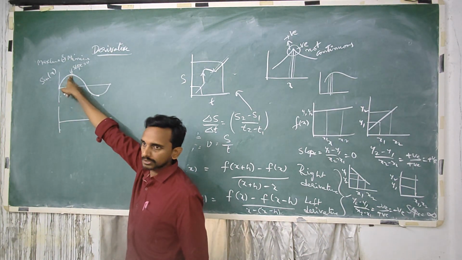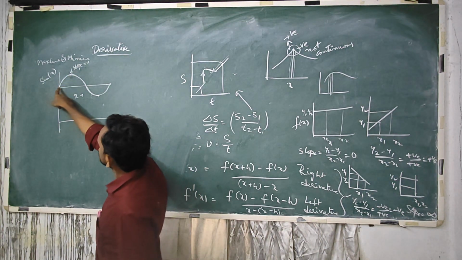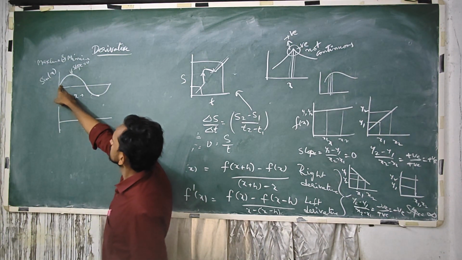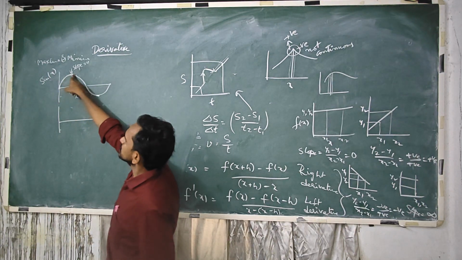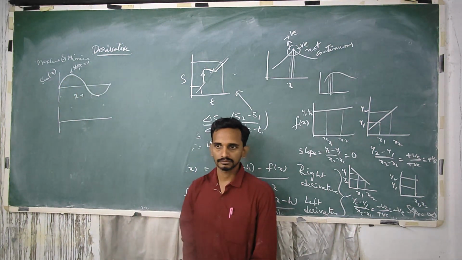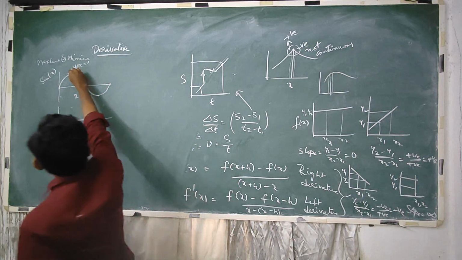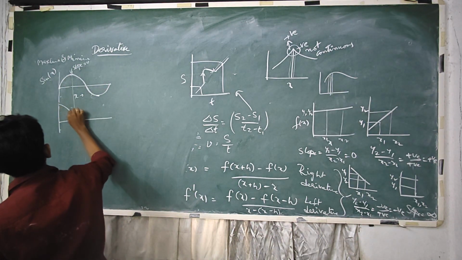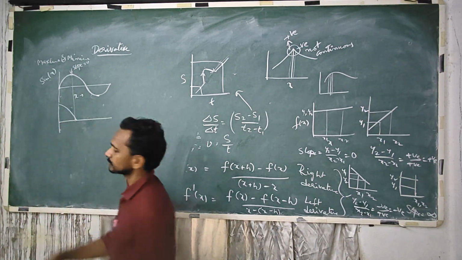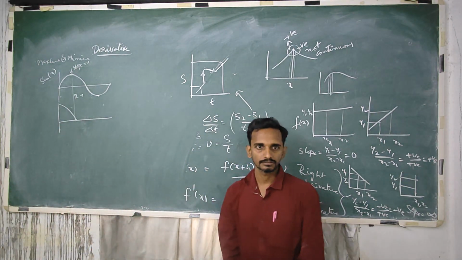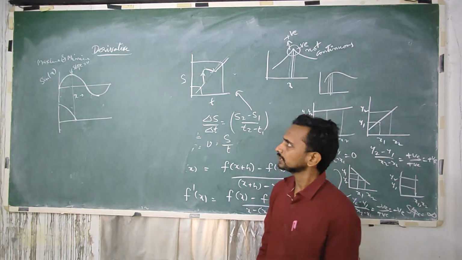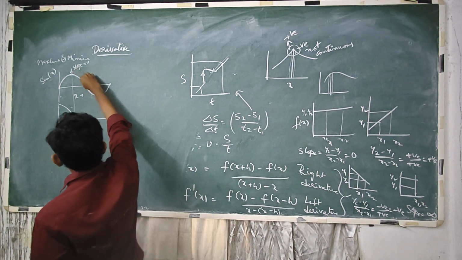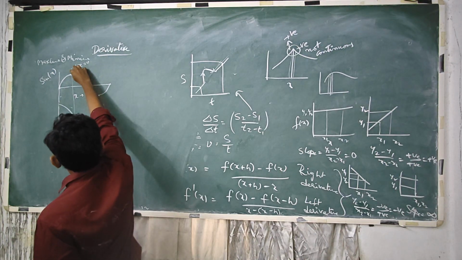So at that point slope is 0, and from some maximum value the slope of the function is falling to 0. By the time you reach here, you start from some maximum value and approach 0. And here the slope is on the negative side.